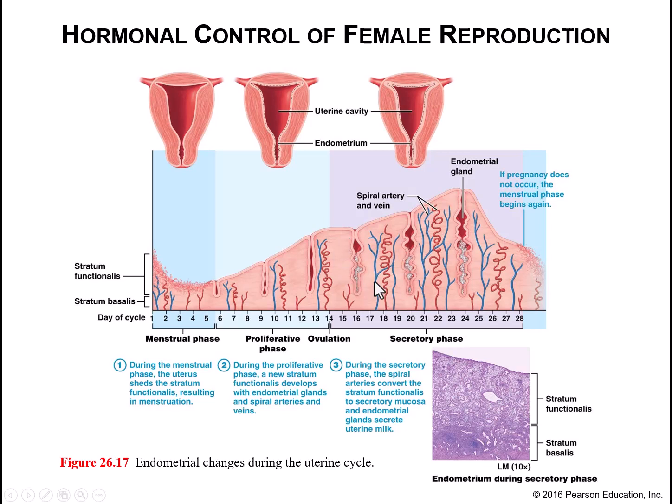The corpus luteum starts making progesterone along with estrogens, and those together continue to build the uterine lining. This is during the secretory phase. We get these endometrial glands. We get lots of vascularization. And in those glands, we start secreting what we call uterine milk.